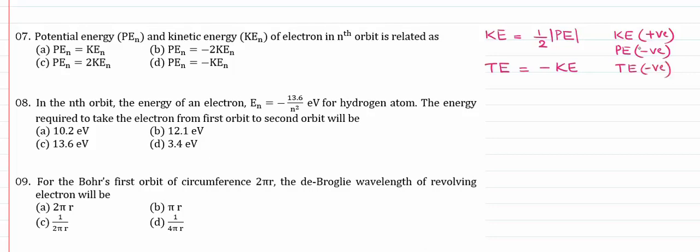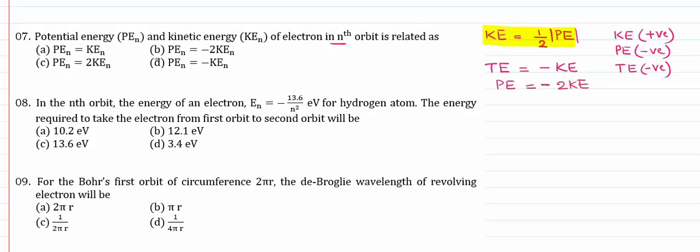Only kinetic energy will be positive. Now in the question, potential energy will be double of kinetic energy from the first expression. But potential energy will be negative, so you will have PE equal to 2 times KE, but with a minus sign.